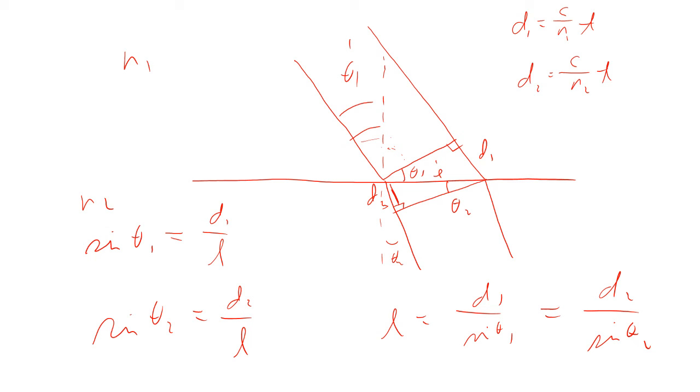So we can plug that into the expression we just had: c over n1 times t, divided by sine theta 1, equals c over n2 times t, divided by sine theta 2. So the t's cancel, the c's cancel, and we can cross multiply here.